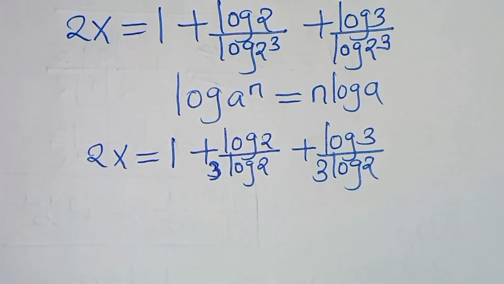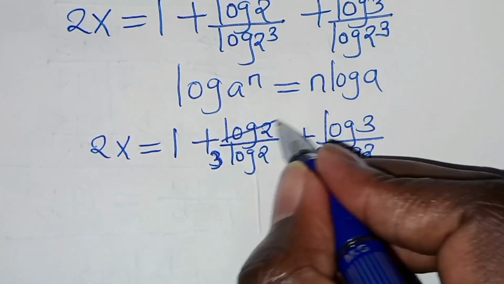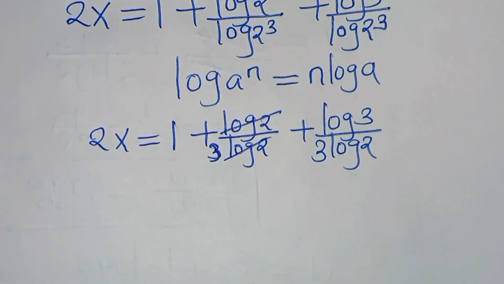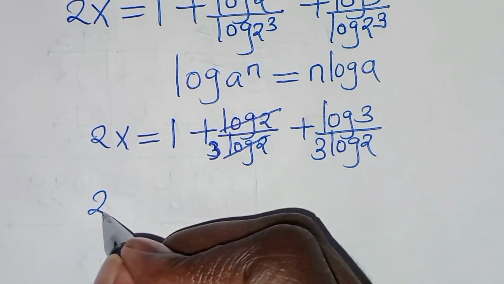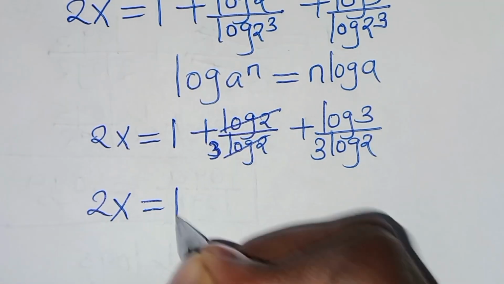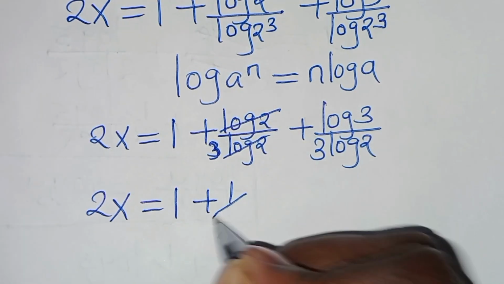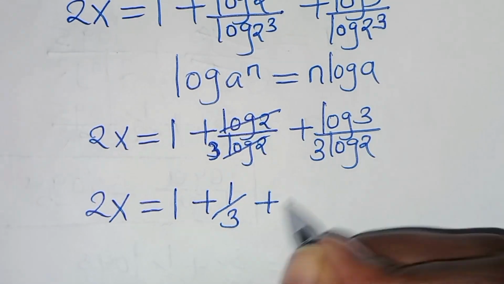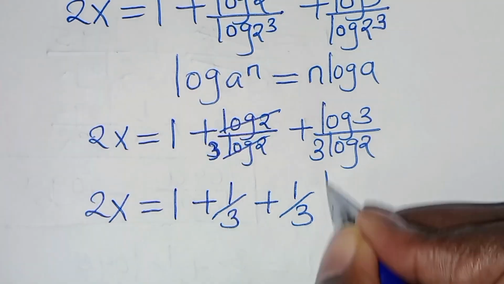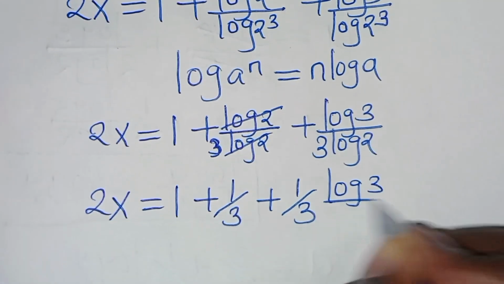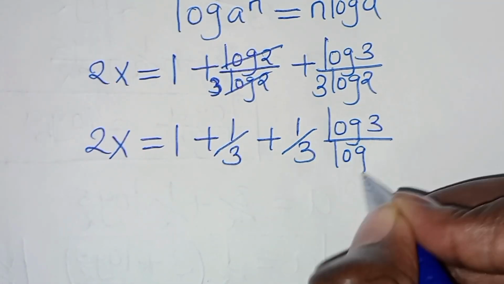Now, the next step from here, let's simplify log 2 and log 2 so that now 2x is equal to 1 plus 1 over 3 plus 1 over 3 log 3 over log 2.